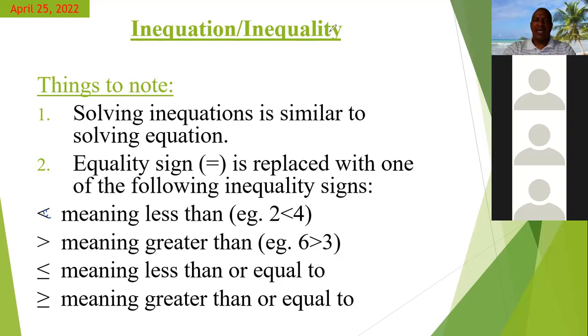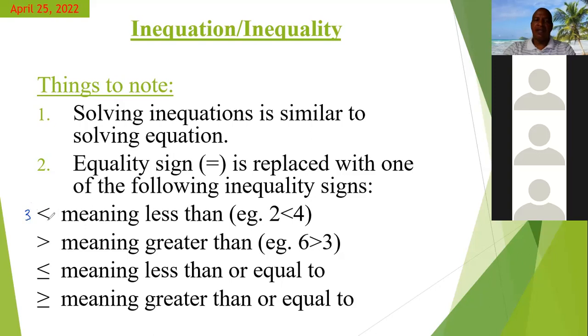Now the two signs are basically the same. You can think of it as one sign being flipped around. When it is pointing this way, it is read as less than, but if you flip it over, it is referred to as greater than. What is on the left is what you read the symbol as.